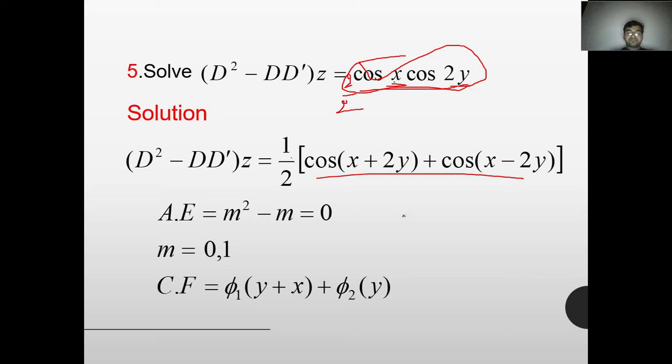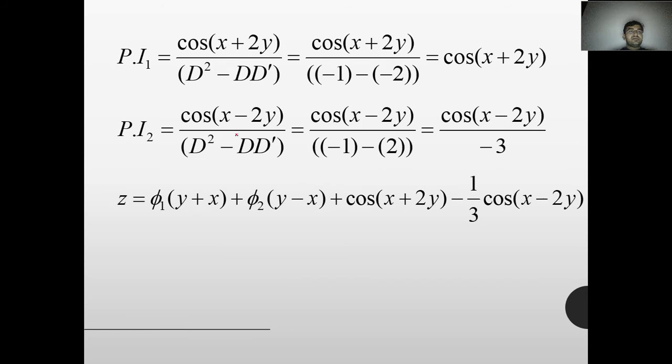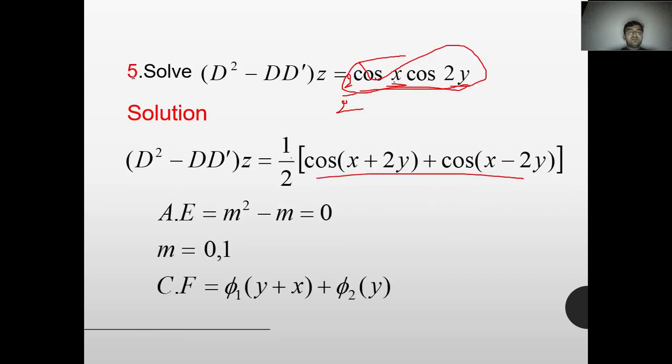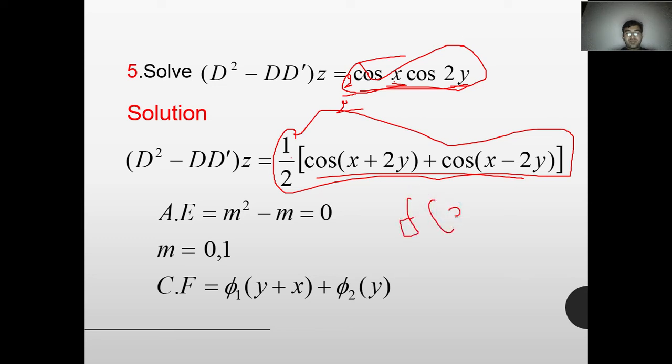The particular integral is equal to, here this is f of x comma y. This is x comma y and this is f of d comma d dash.